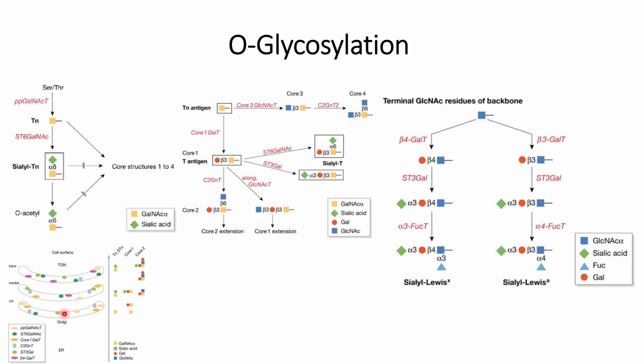So we can see that the amount of PP galNAc-T decreases, and the glycosyltransferases related to the other extensions increase as we approach the trans-Golgi network. So this is a basic overview about O-glycosylation. If you need to understand more about O-glycosylation in detail, you can go through the reference provided in the description. Thank you for your time.